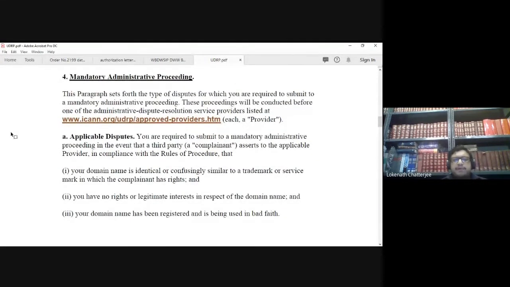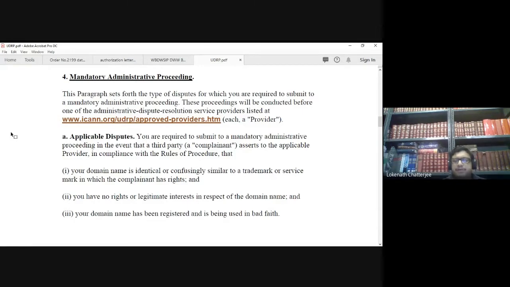Mandatory administrative proceeding. Now this is where we come in. These are the types of disputes which have to be submitted for a mandatory administrative proceeding. Based on the directions of a mandatory administrative proceeding, changes, cancellations, amendments can be made. Now the proceedings will be conducted before the administrative dispute resolution service providers.